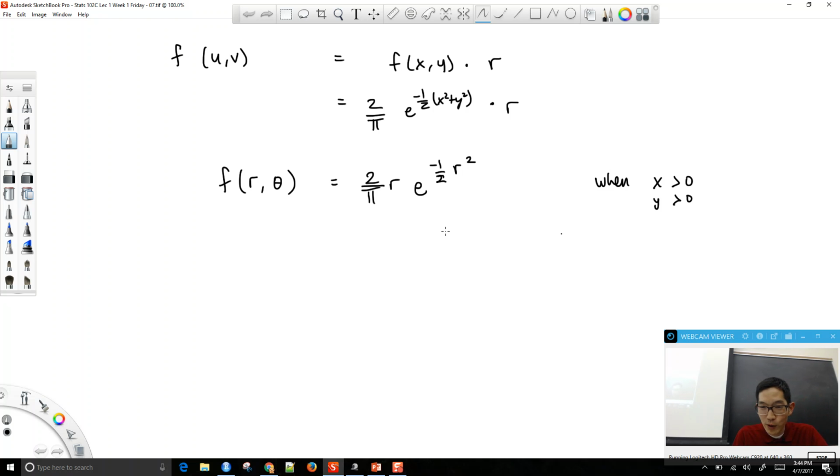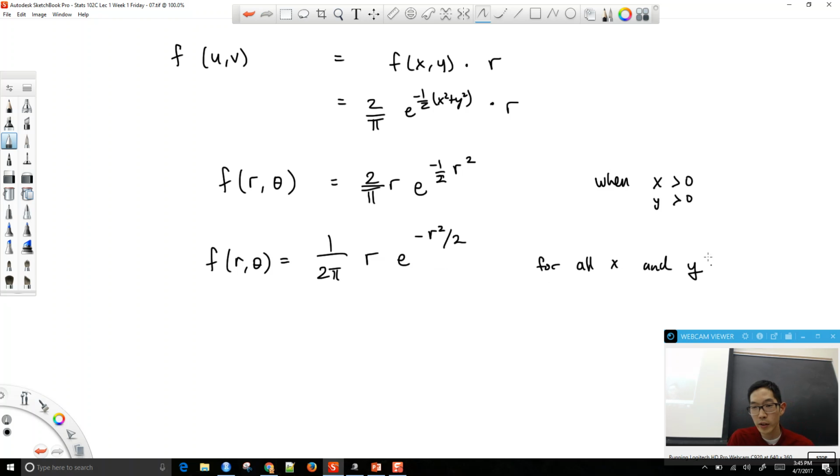And so for all of x's, to get rid of this thing, we just end up dividing the function by 4. Okay, so f of r and theta, when we are not concerned about this, we divide this whole thing by 4, and we get 1 over 2 pi r times e to the negative r squared over 2. Okay, and this is for all x and y.